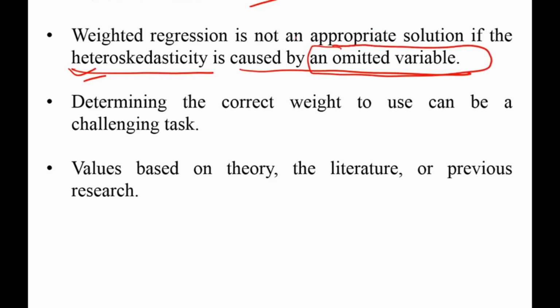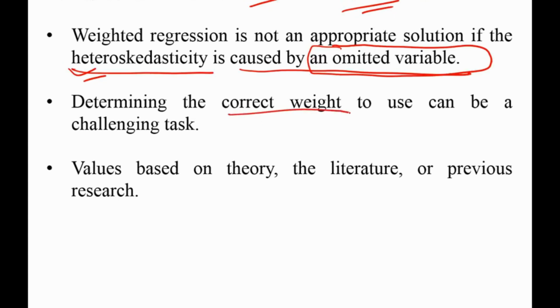In that case, weighted least square is not a very suitable way of handling heteroscedasticity. There are other ways to handle it. Maybe you should go ahead and use the omitted variable, right? That's the best way. If that's not the case, then WLS is a good way of handling heteroscedasticity.